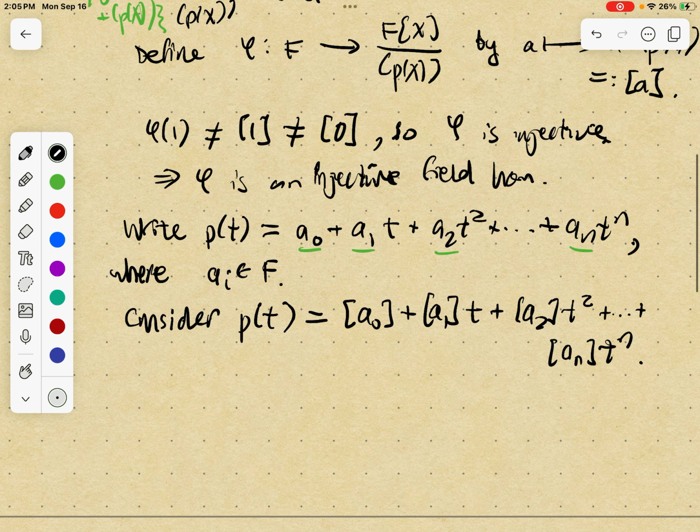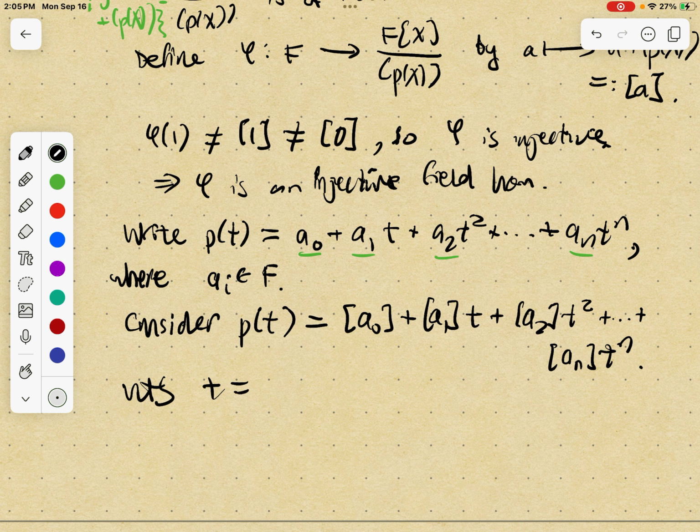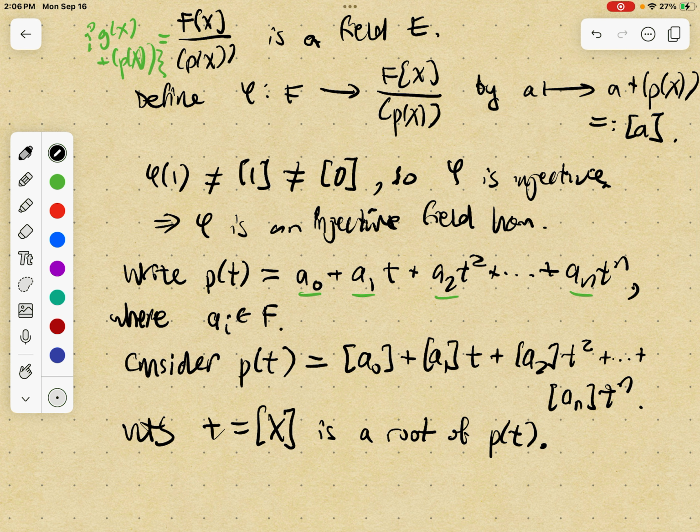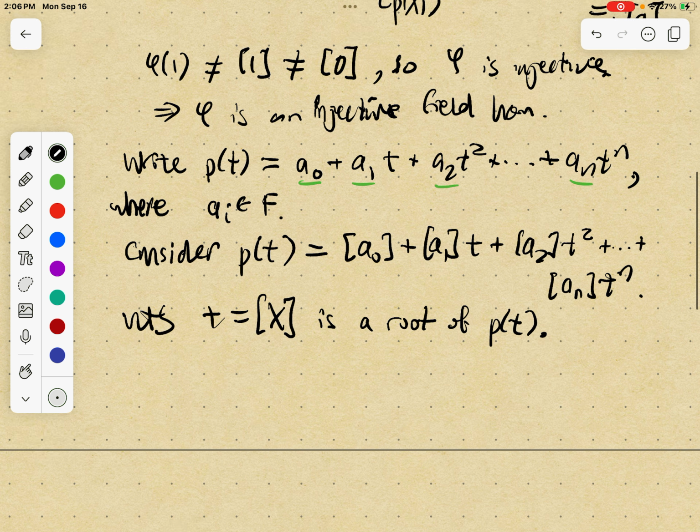Okay, now I want to show that if we set, so we want to show that this has a root in E. Now, I claim that if we set t to be equal to the coset of x, we claim that this is the root of P of t. Okay, now this is an element of E, right? Because the elements of E are precisely the cosets of polynomials in F.